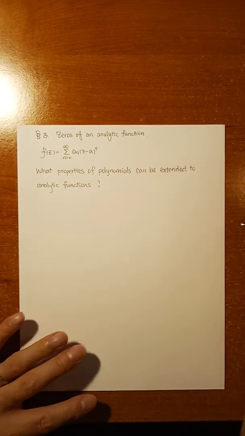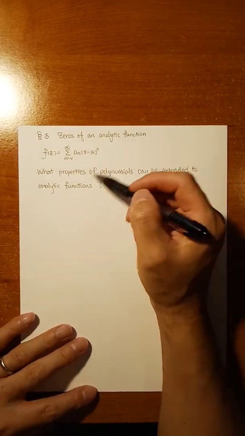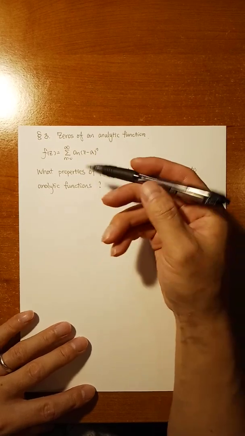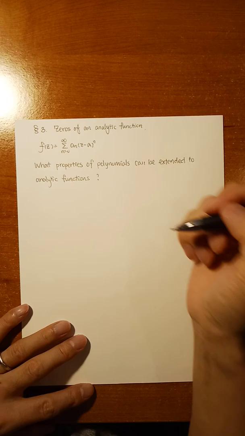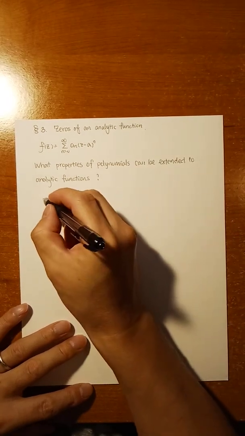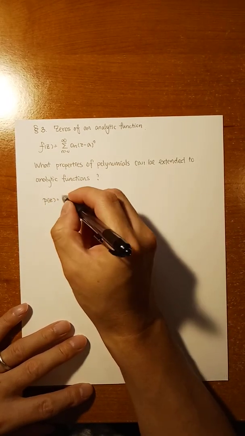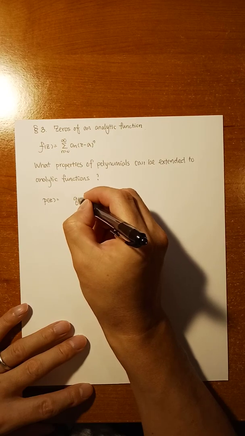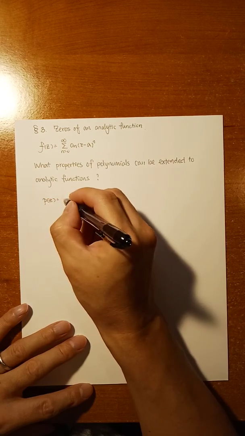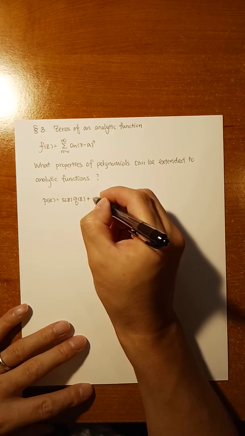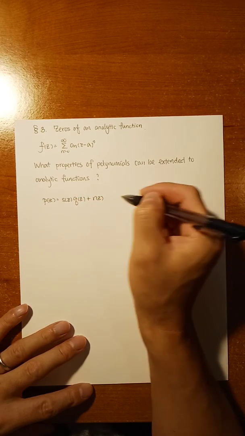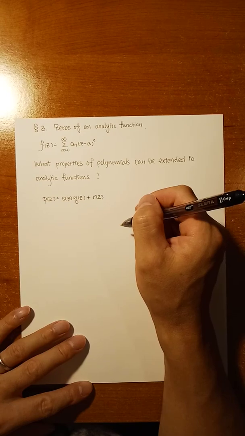That's a very natural question, because this is like infinite order. For the polynomial, we have division. If we have a polynomial p, and q is another polynomial, then you divide p by q, you will have s the quotient plus r the remainder, the division, right?